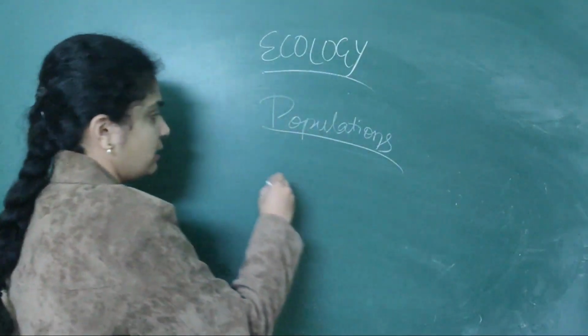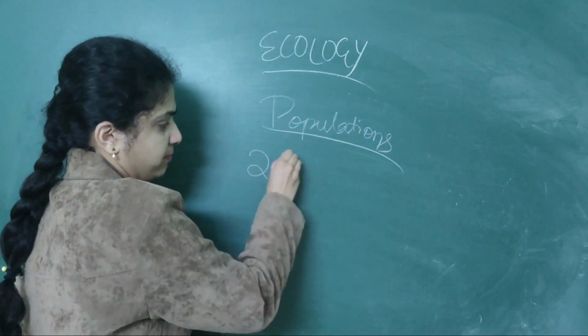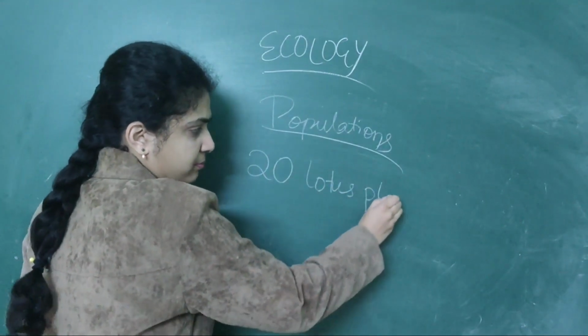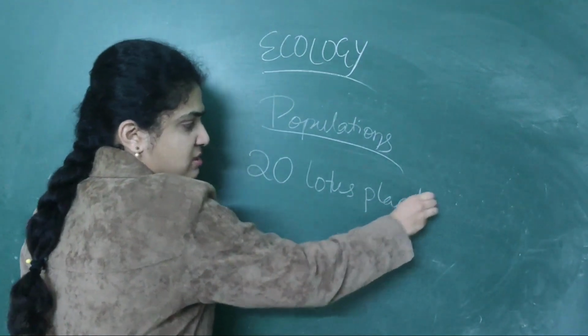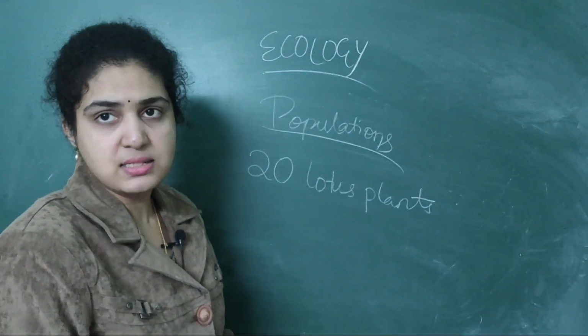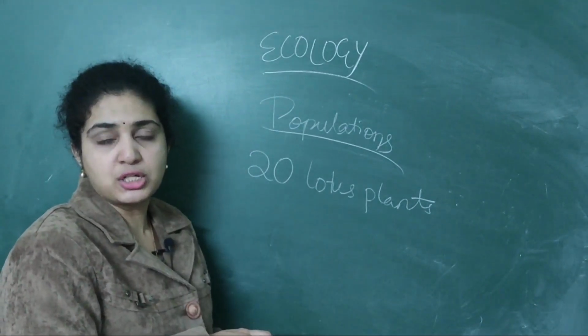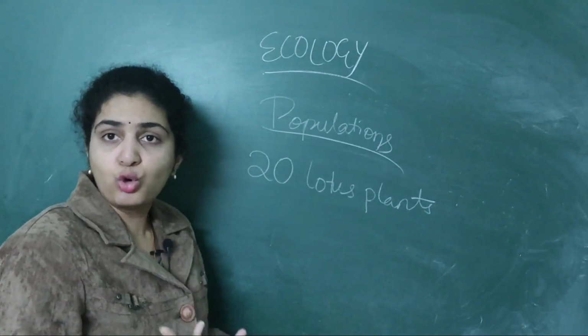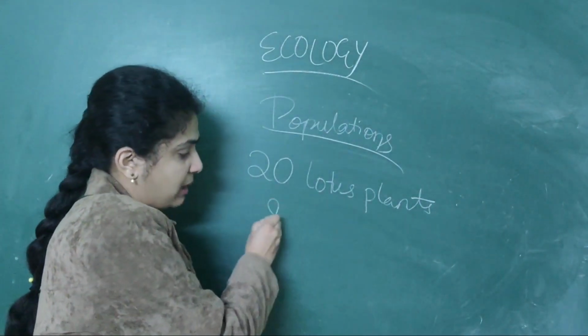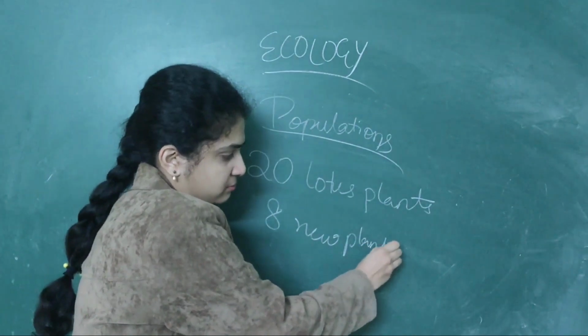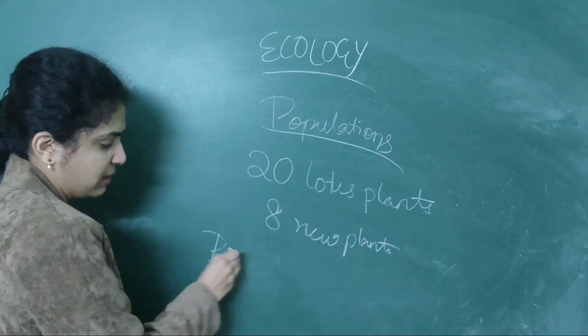Suppose you find 20 lotus plants in a population, totally 20 plants are present. 8 new plants grow in that environment. So 8 are new plants. What is the birth rate?